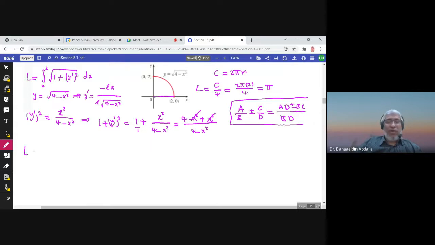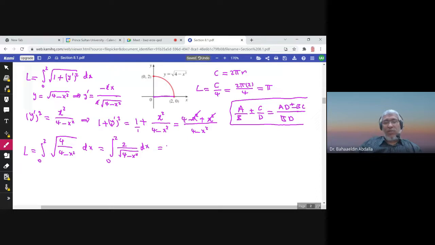So now L would be the integral from 0 to 2, square root of 1 plus y prime squared, so it would be square root of 4 over 4 minus x squared dx. But I can distribute the square root, so it would be square root of 4, which is 2, over square root of 4 minus x squared dx.